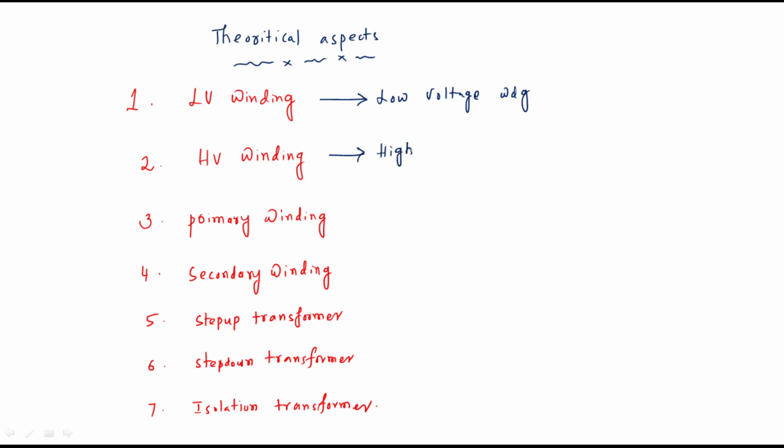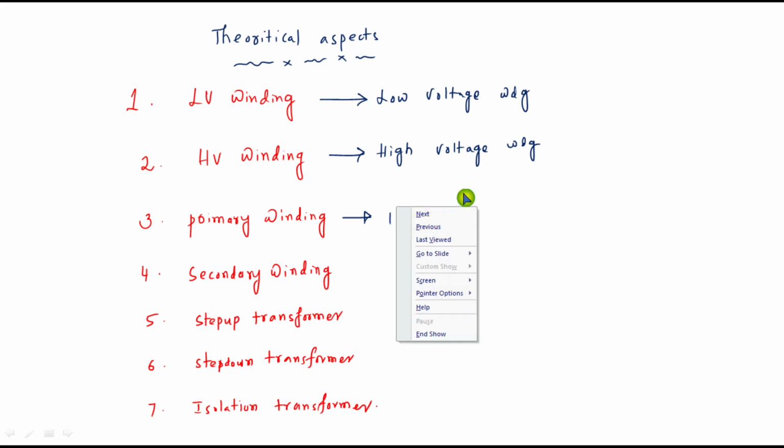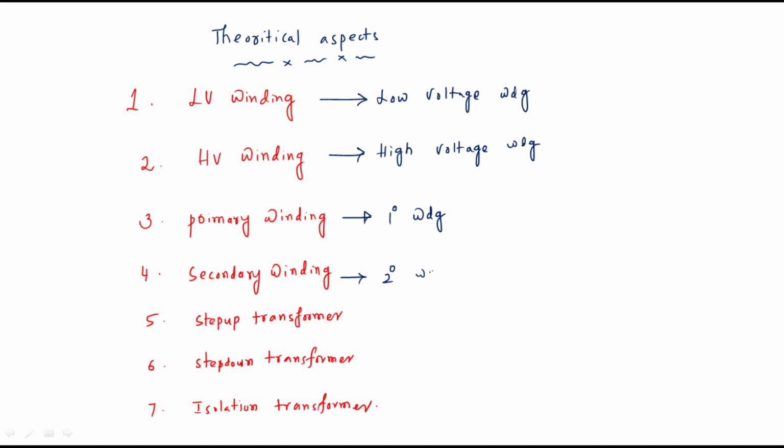That is high voltage winding. What is primary winding? Simply we can represent with 1, like this we have to represent winding. Secondary winding 2 power 0, like that we have to represent, right?